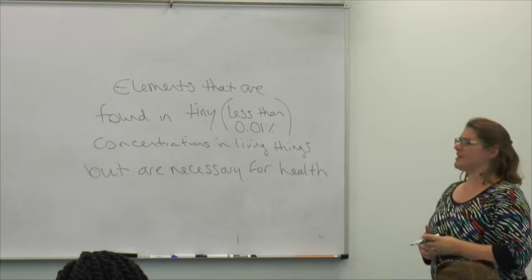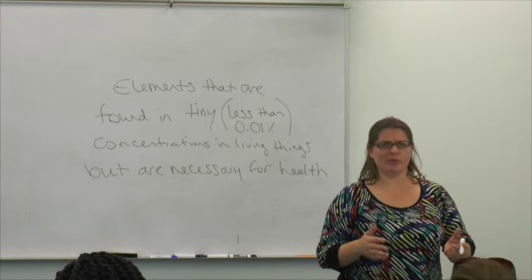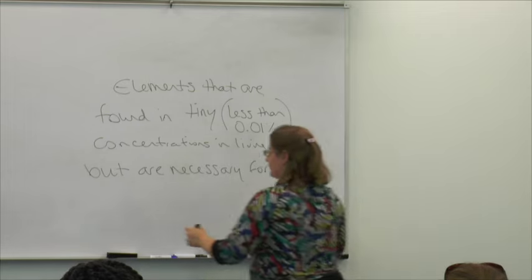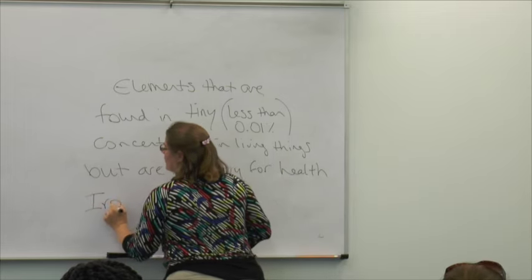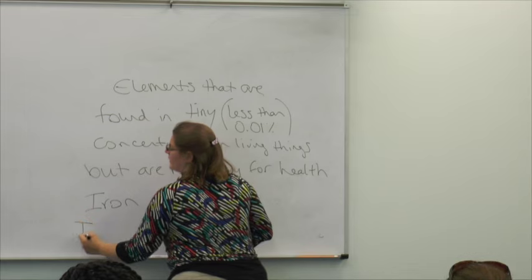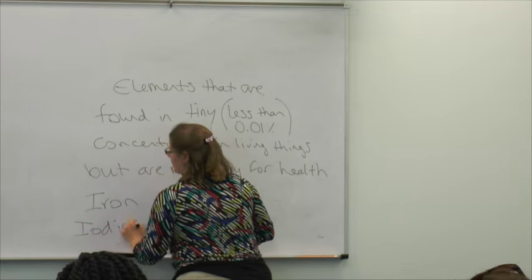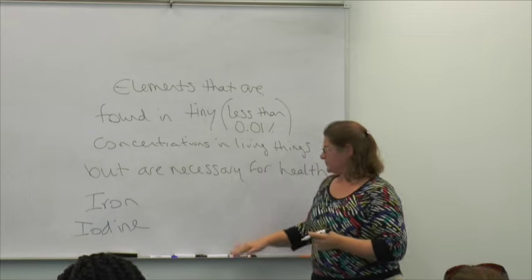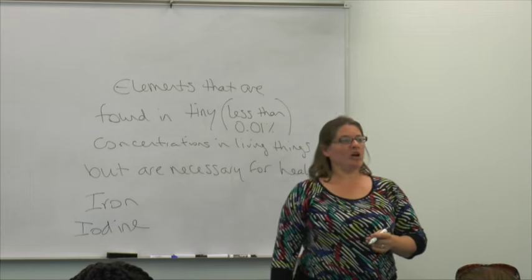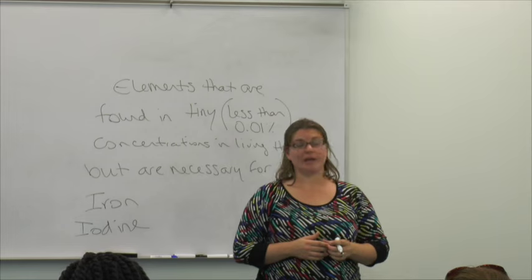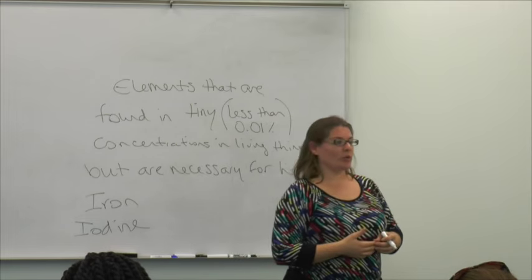Okay? So what are some of the examples that we went over in class? So we went over iron, right? And we also talked about what else? Something else that starts with I, right? Iodine. Okay? So why is iron important? Do you guys remember? It helps to transport oxygen through the blood. Okay? And why is iodine important? What's it important for?